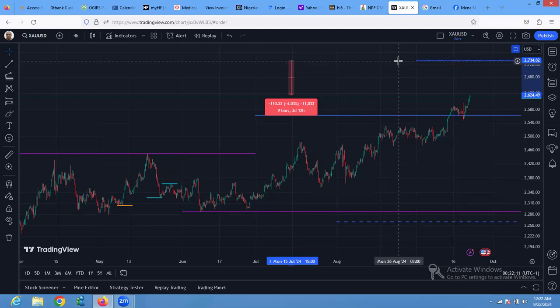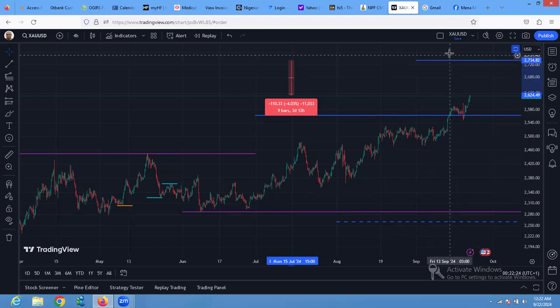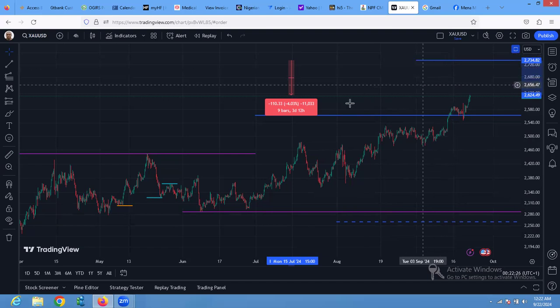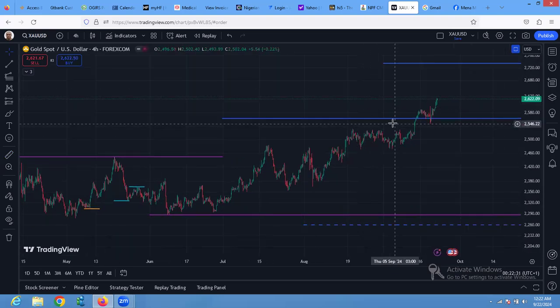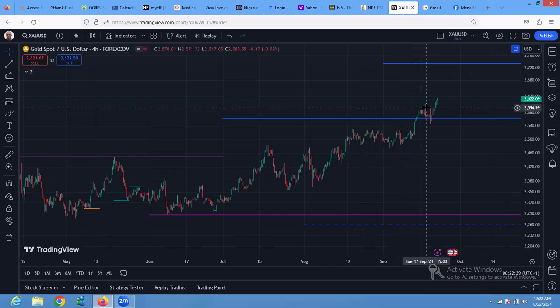Are we going to get a reaction or not? Once we take it above and we close above it, we are going up again. But if we have a reaction around this area and price comes down to retest that area, that is what happened here, because price breaks this level, which is a very important psychological level, reacts and corrects.